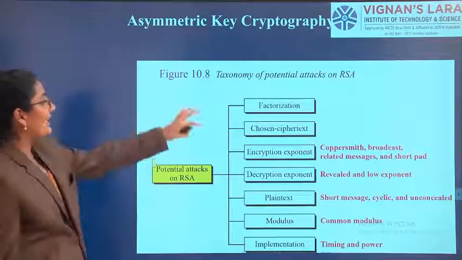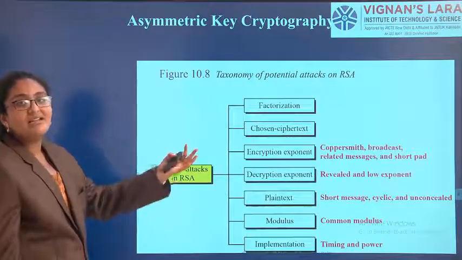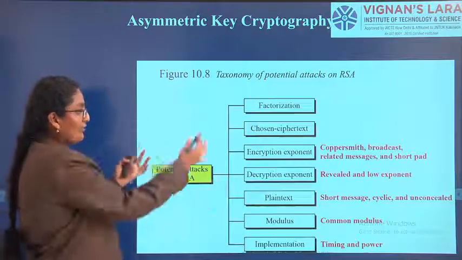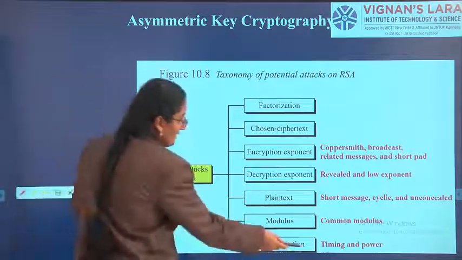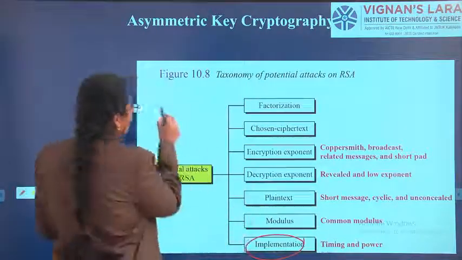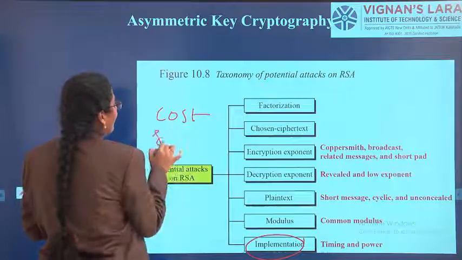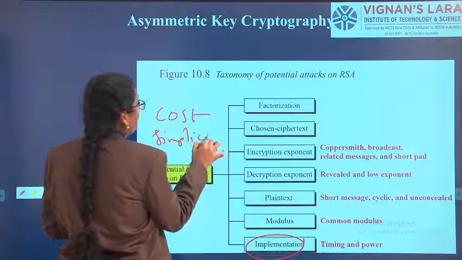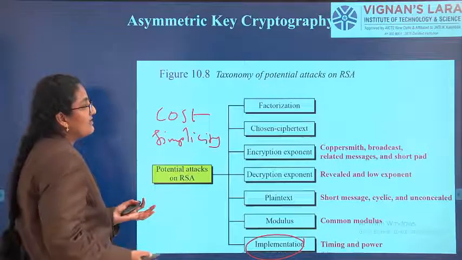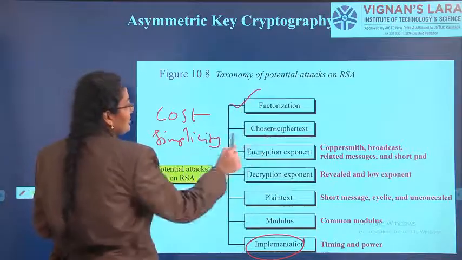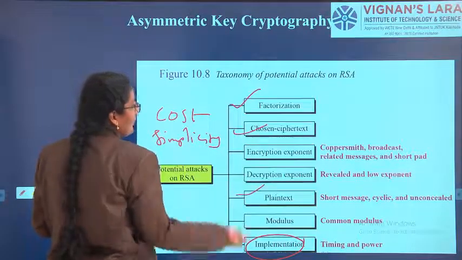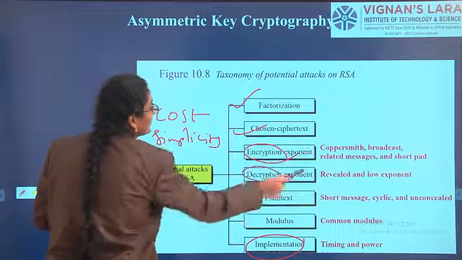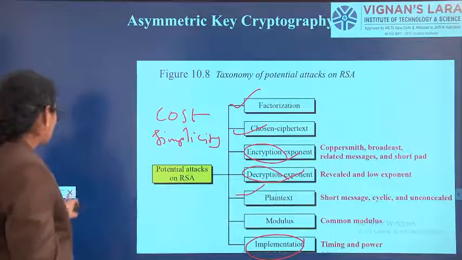Just remember the names of the attacks. In the next class we are going to learn what these attacks mean: the cost problem, the simplicity problem, factorization, chosen ciphertext, chosen plaintext, encryption exponent and decryption exponent.